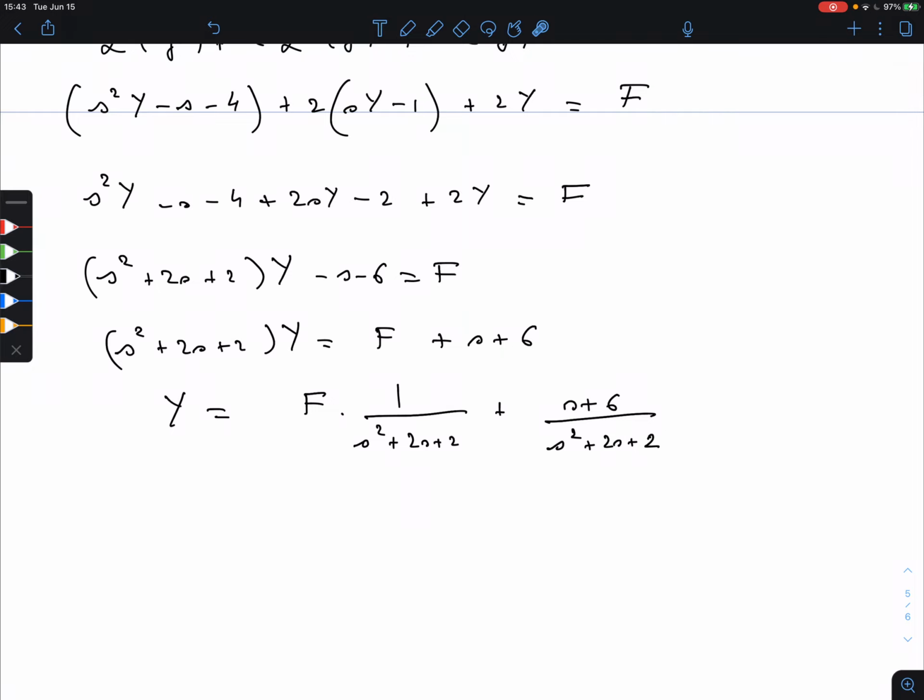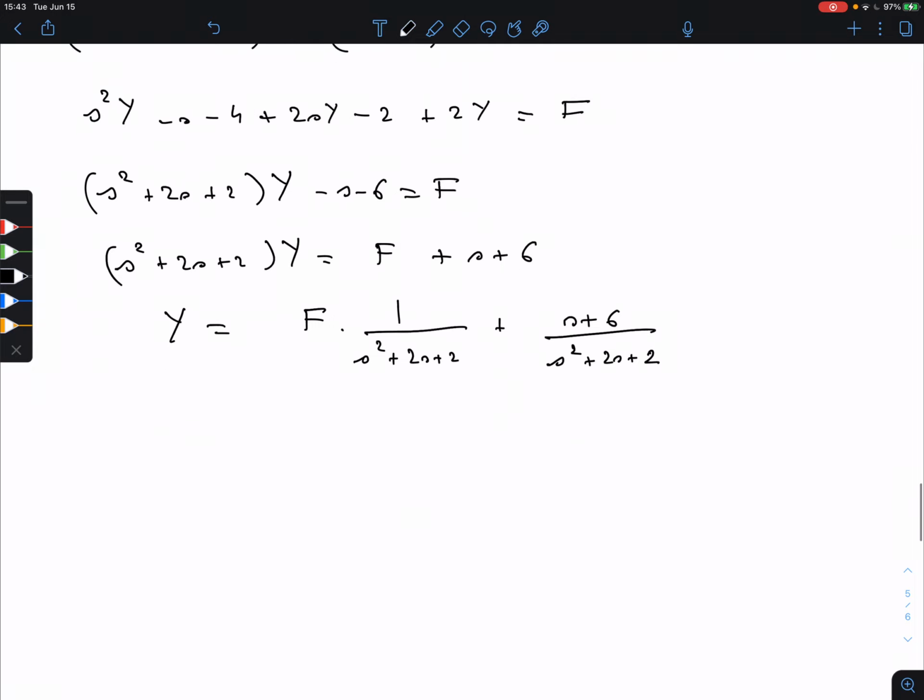Now, in both cases, I have to look at the denominator, which is s squared plus 2s plus 2. That's actually quadratically irreducible, so we have to complete the square. You can try a little bit to find the roots, but you'll see immediately there are no real roots. To complete the square, remember that is s squared plus 2s, then you add a number: divide the 2 by 2, you get 1, and square it, you get 1, and then you subtract 1.